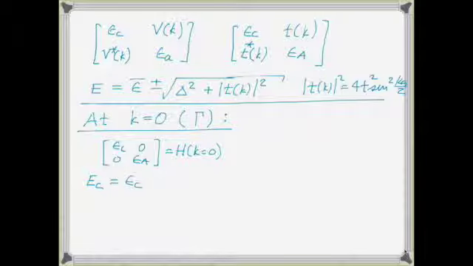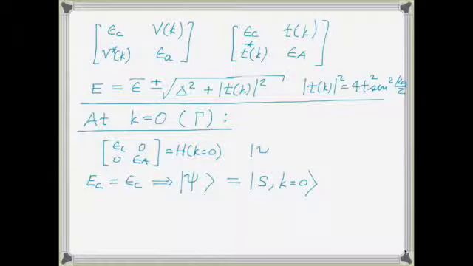And the eigenstate corresponding to this, so psi gives me a wave function that's just equal to S at K equal to 0. So in terms of my matrix, the wave function psi is just equal to, in terms of the column vector, 1, 0.